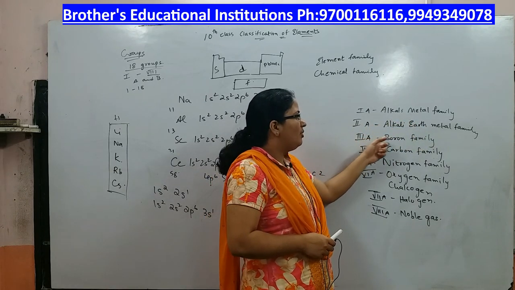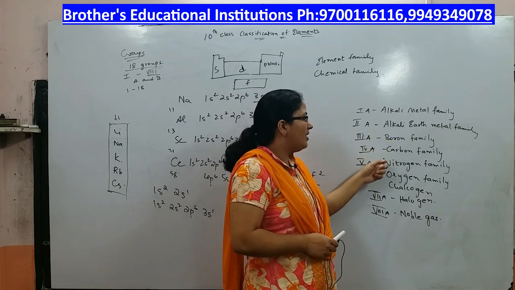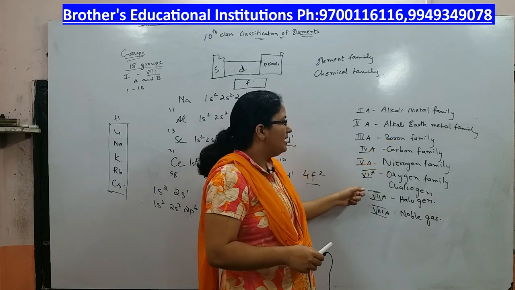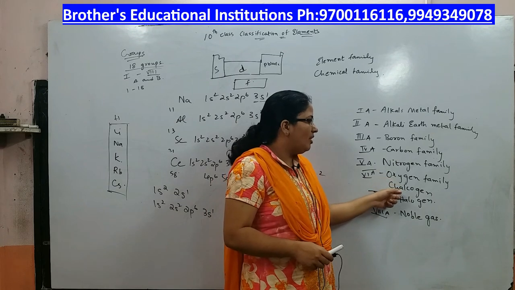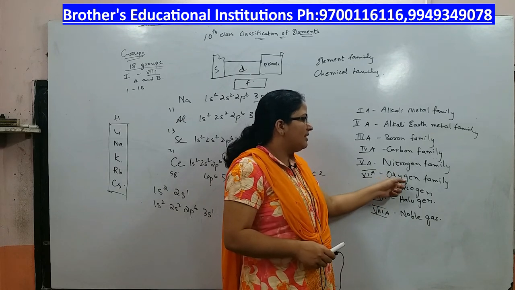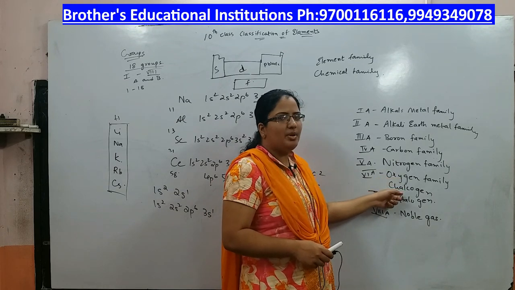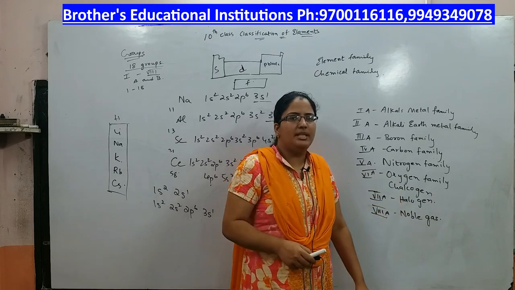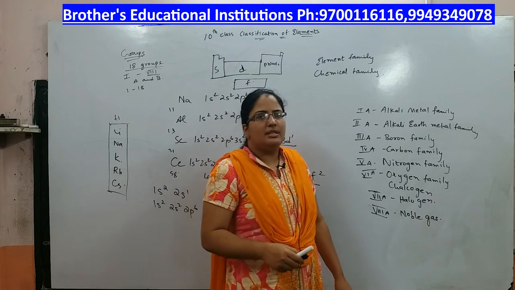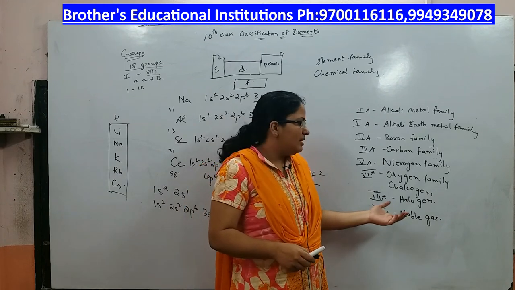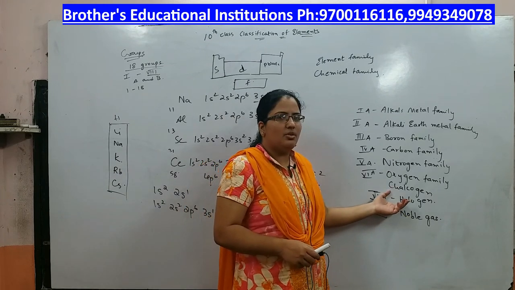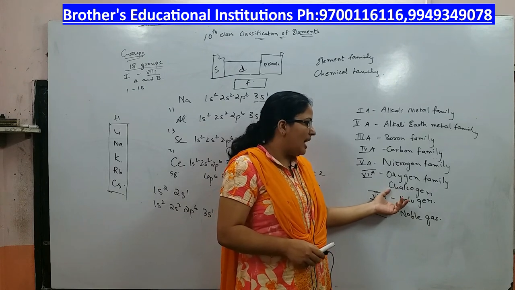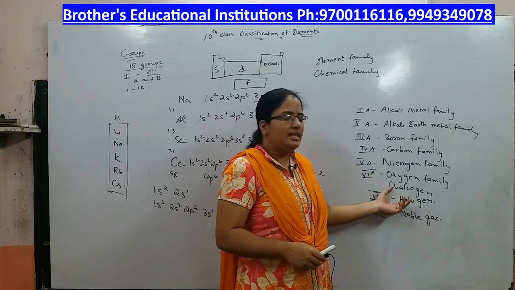3A group is called boron family, 4A is called carbon family, 5A is called nitrogen family, and 6A is oxygen family or chalcogen family because they form ores. 7A are called halogens; halos means sea, genus means source, so these halogens are obtained from the sea.